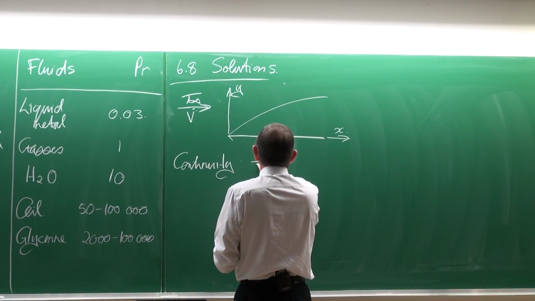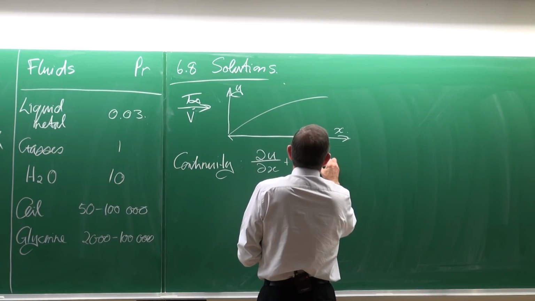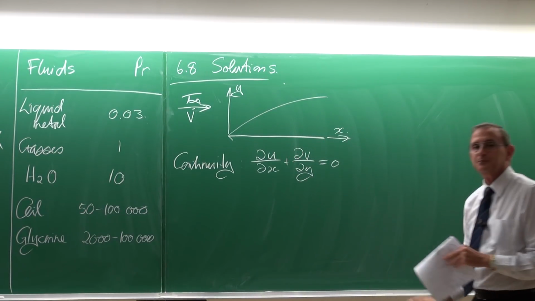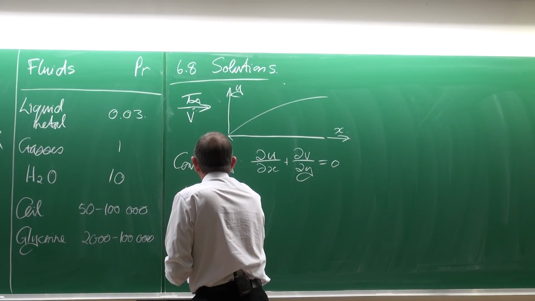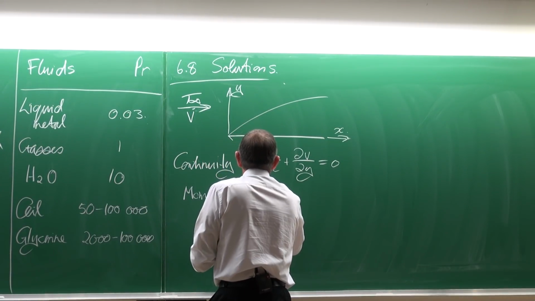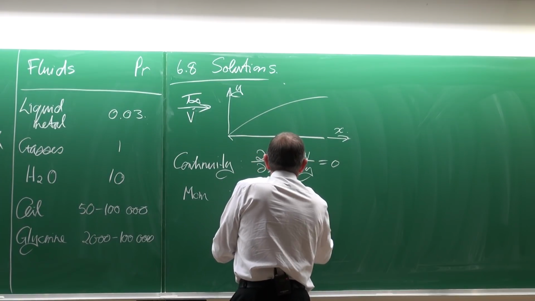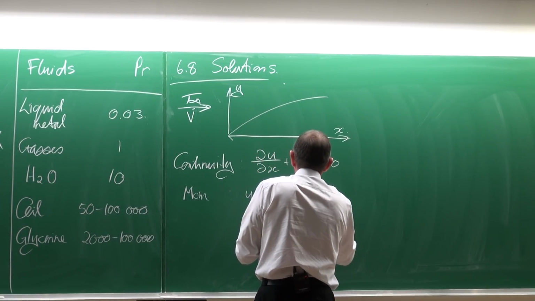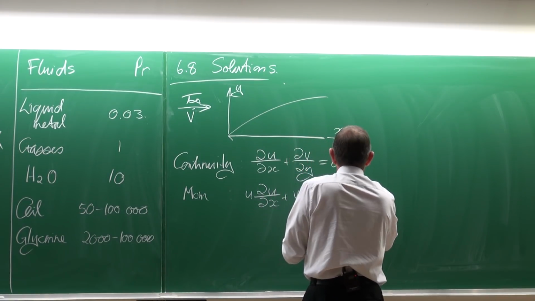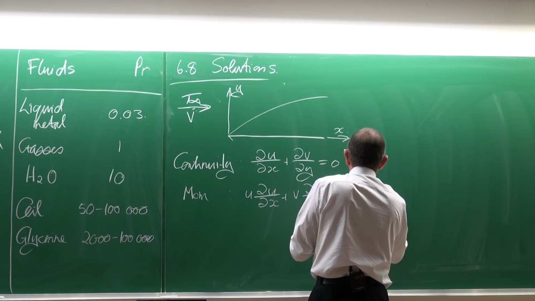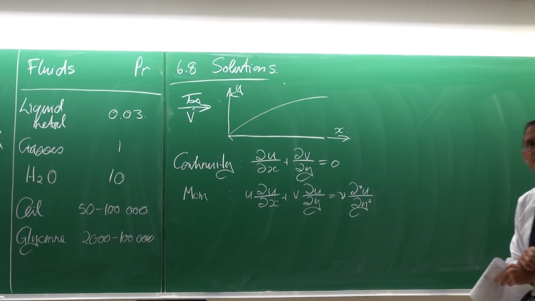Now, if we do that and we look at the continuity equation first, then we can see that du/dx plus dv/dy is equal to 0. Then the momentum equation, which is u multiplied by partial du/dx plus v partial du/dy, is equal to the kinematic viscosity multiplied by partial d2u/dy squared.